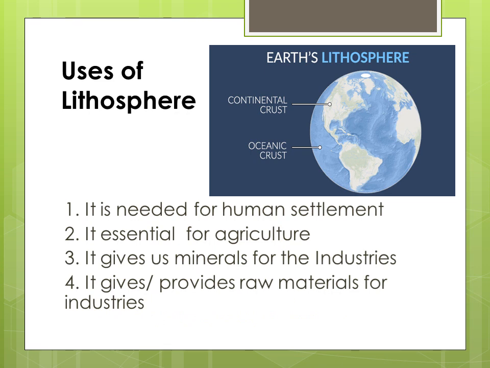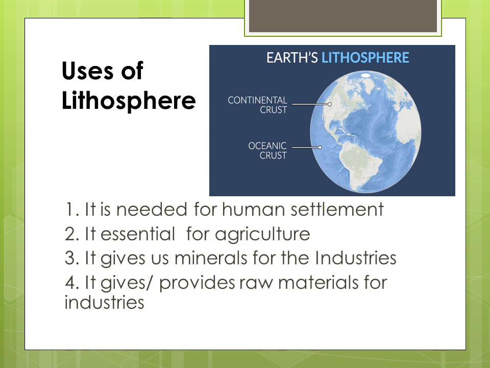Children, we have discussed atmosphere, lithosphere, hydrosphere, and biosphere. Now we will see what are the uses of these components to the humans. Number one, we will study about the uses of lithosphere to humans. Lithosphere means land. Number one, land is needed for human settlement. Settlement means making houses.